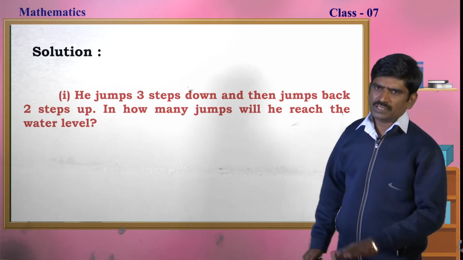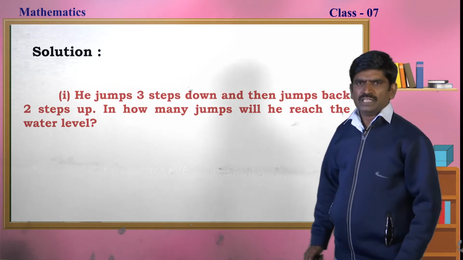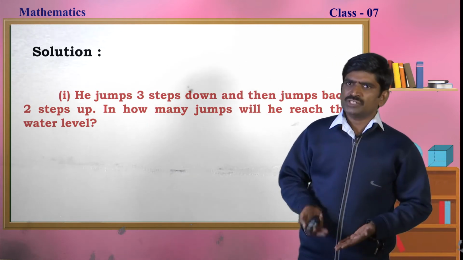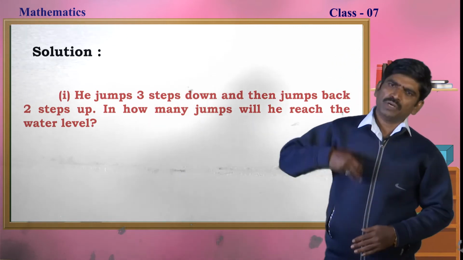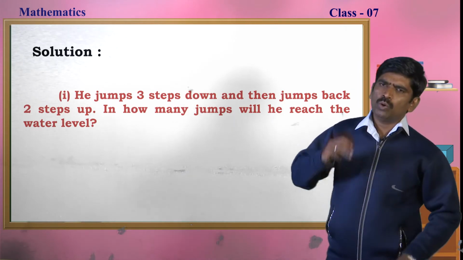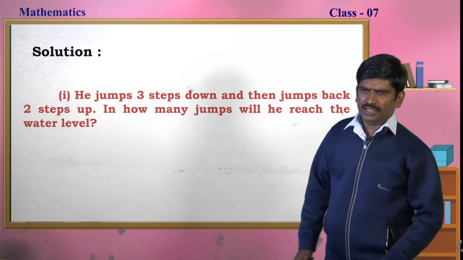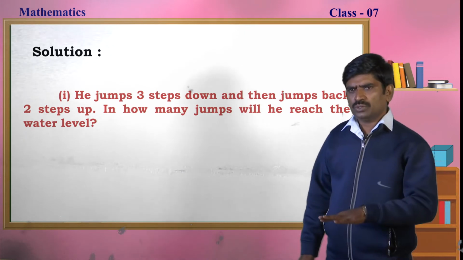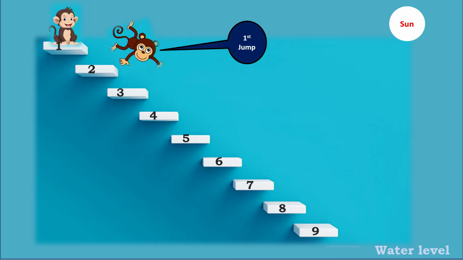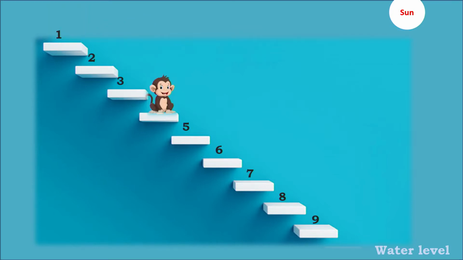We go for the solution. First one: he jumps 3 steps down and then jumps back 2 steps up. In how many jumps will he reach the water level? See one activity, how the monkey jumps from the first step to the 9th step. The monkey is on the first step. He jumps 3 steps down, that is the first jump, and reaches the 4th step.